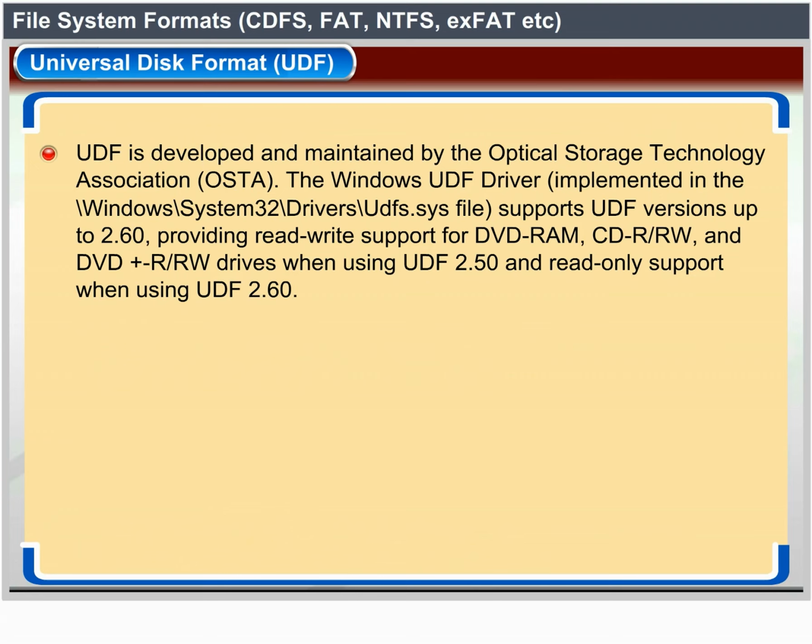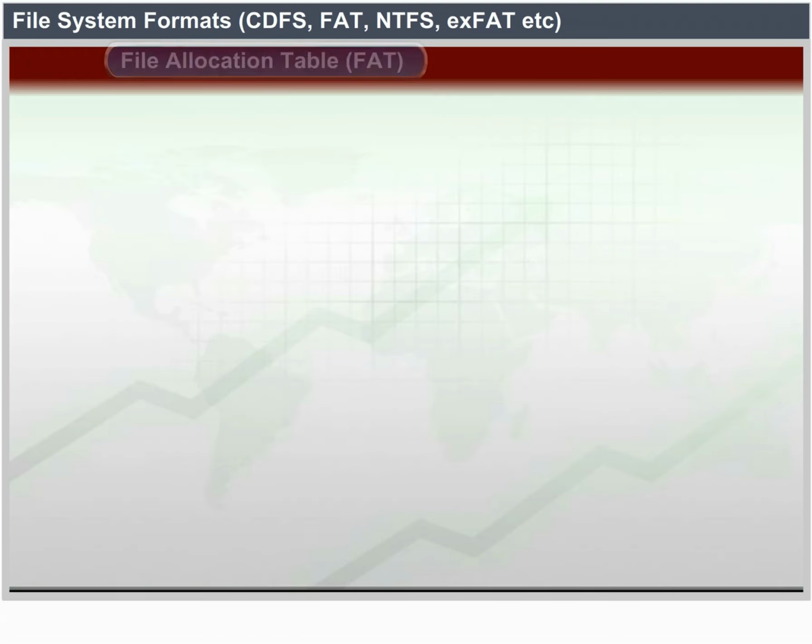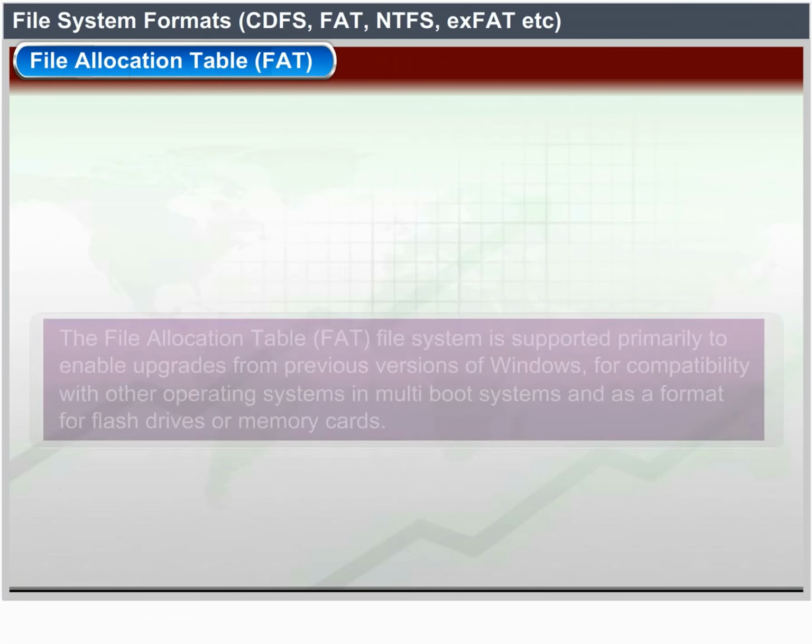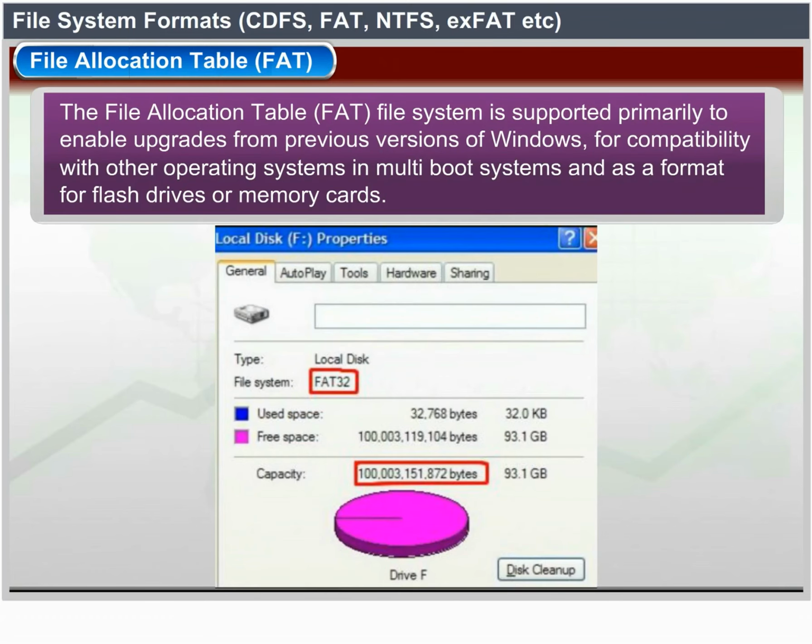File Allocation Table (FAT). The File Allocation Table (FAT) file system is supported primarily to enable upgrades from previous versions of Windows, for compatibility with other operating systems in multi-boot systems, and as a format for flash drives or memory cards.